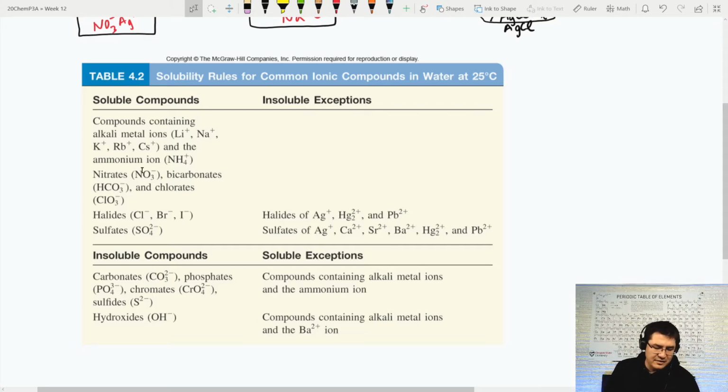Anything containing nitrates, bicarbonates, and chlorates are also always soluble with no exceptions. Okay? Things that contain chloride, bromide, or iodide, okay, they are generally soluble, but if they contain silver, mercury, or lead, then they would be insoluble.